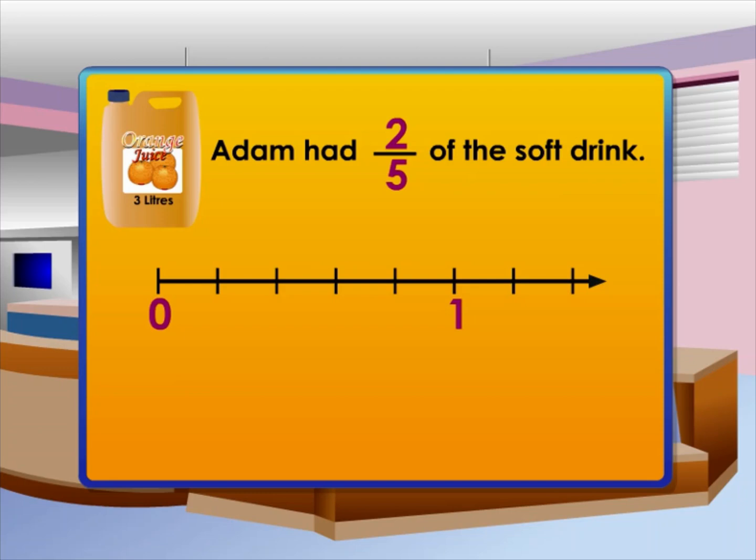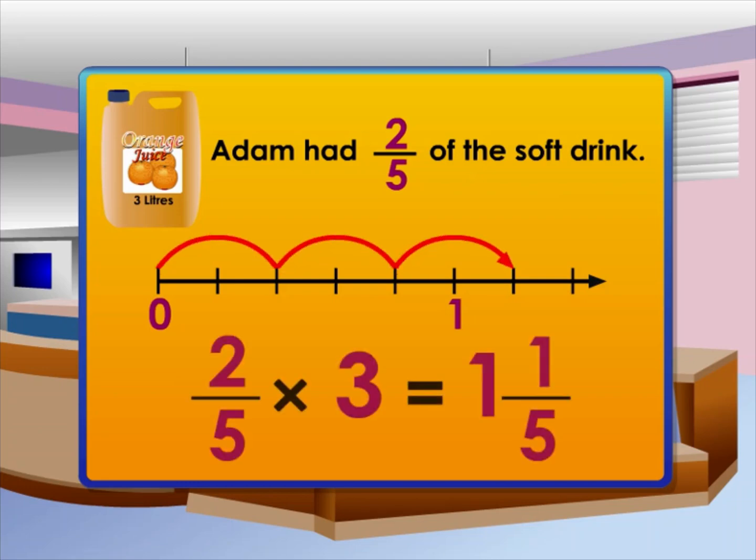In 3 liters of orange juice, Adam drank 2/5 of it. The number sentence should be 3 times 2/5. So do 3 jumps of 2/5 each and it lands on 1 and 1/5. That's the answer. So 2/5 of 3 is 1 and 1/5.